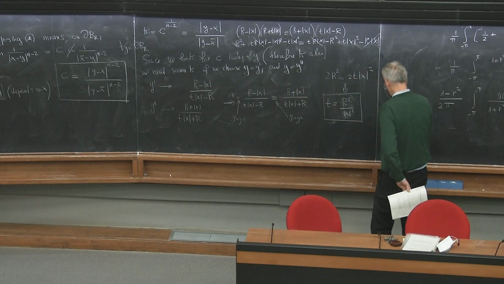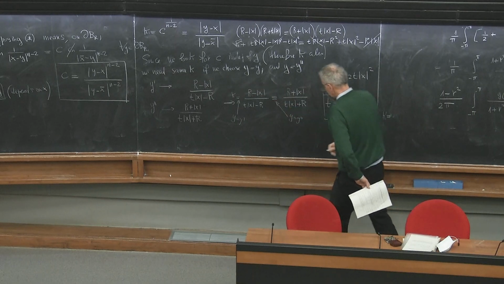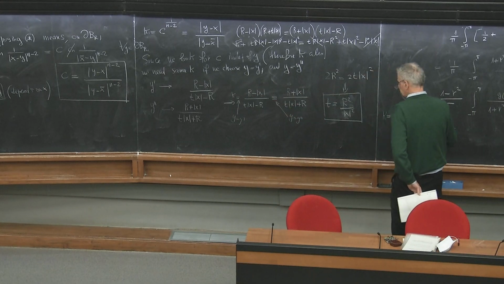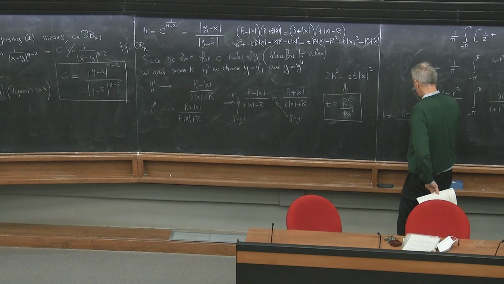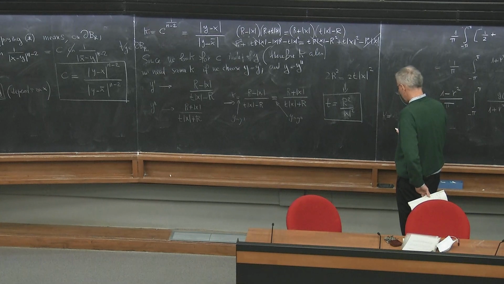So k now, just substituting this t inside this gives us r minus x divided by r square divided by x square multiplied by x minus r.